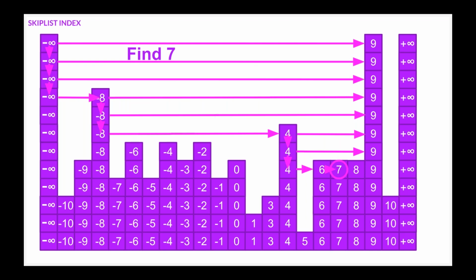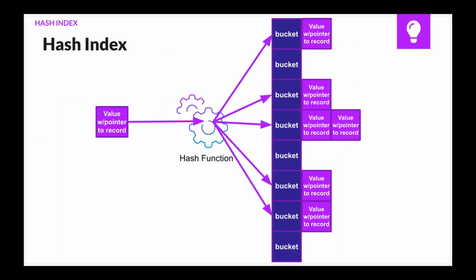Let's also look at a second index that speeds up the SingleStore compute engine. This one is known as hash index. Hash index is also very valuable for query processing in the query engine. The hash index looks at a value with the pointer to record. So this hash function is looking through different buckets of data and seeing where the value exists.